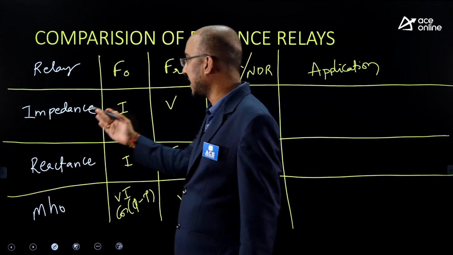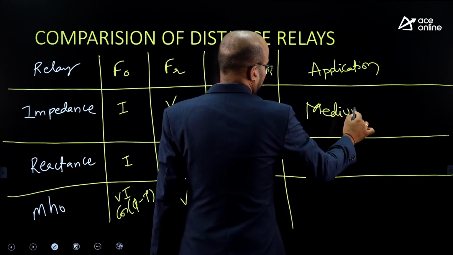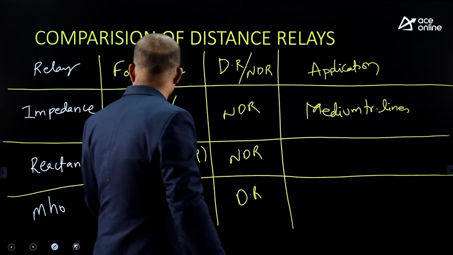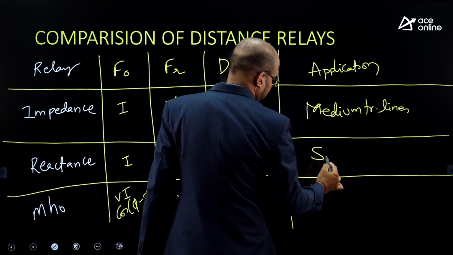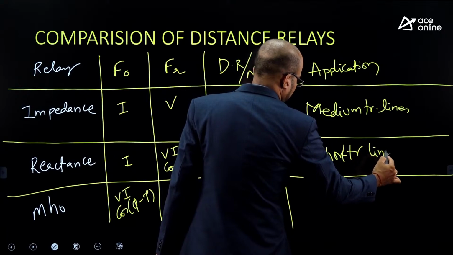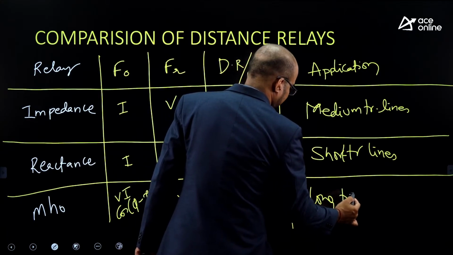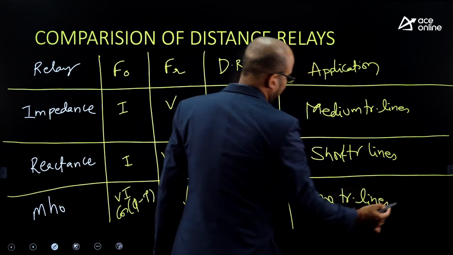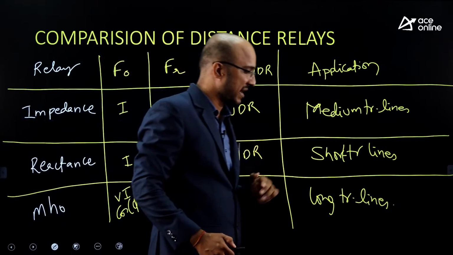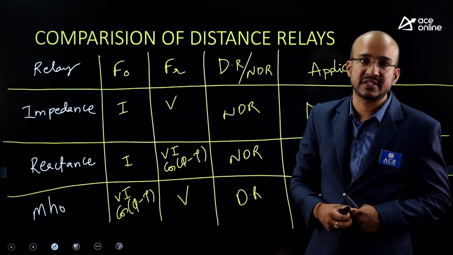The impedance relay is used in protection of medium transmission lines, the reactance relay is used in case of short transmission lines, and the Mho relay is used in case of long transmission lines. This is the comparison with respect to some aspects. So this is an overview of distance protection.